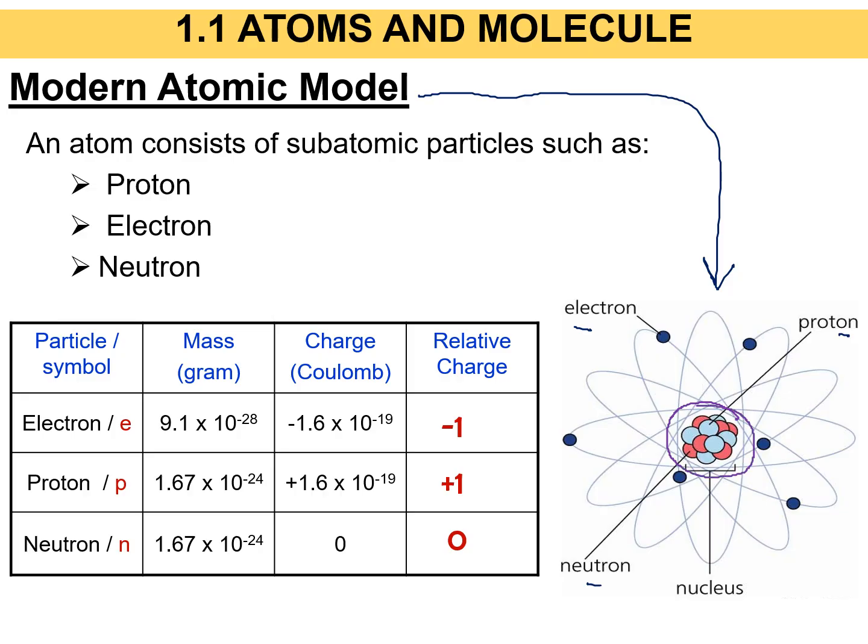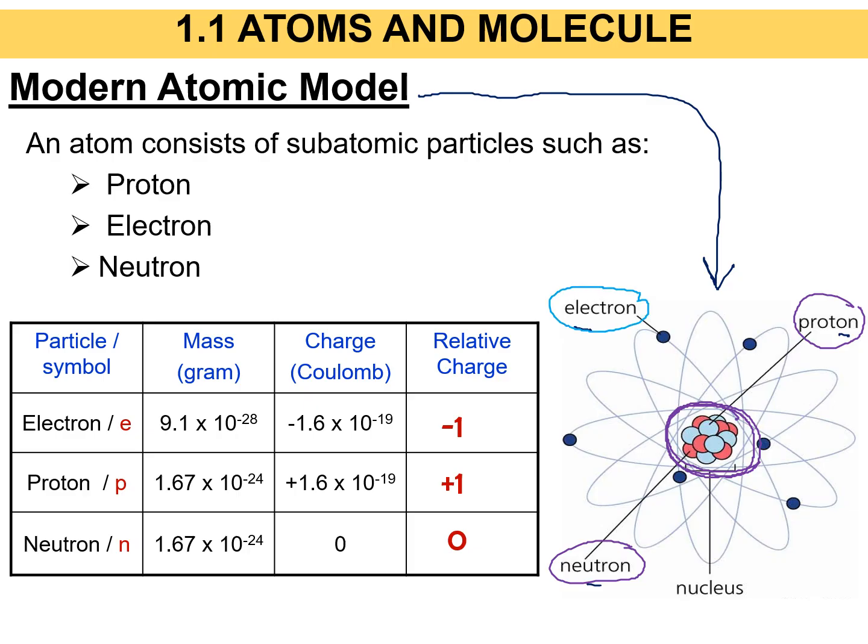In an atom, you have a nucleus. Dalam nucleus ni, kamu akan ada proton dan juga neutron. Tapi apa yang orbiting the nucleus ni? The thing that is orbiting the nucleus ni adalah, call it as electron.